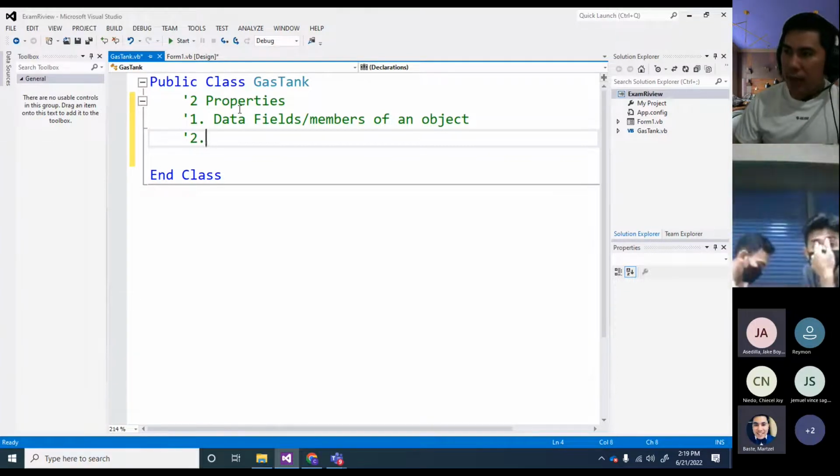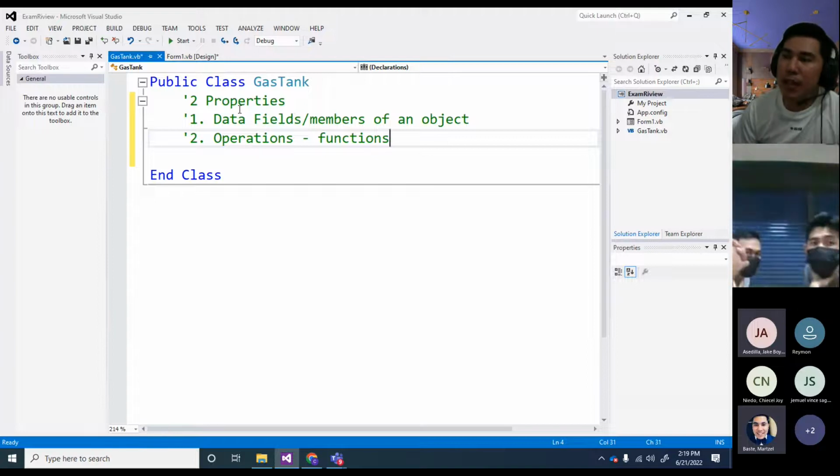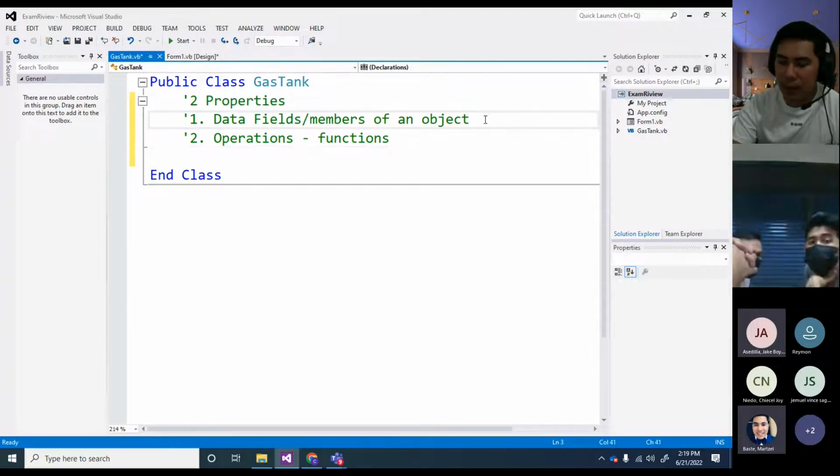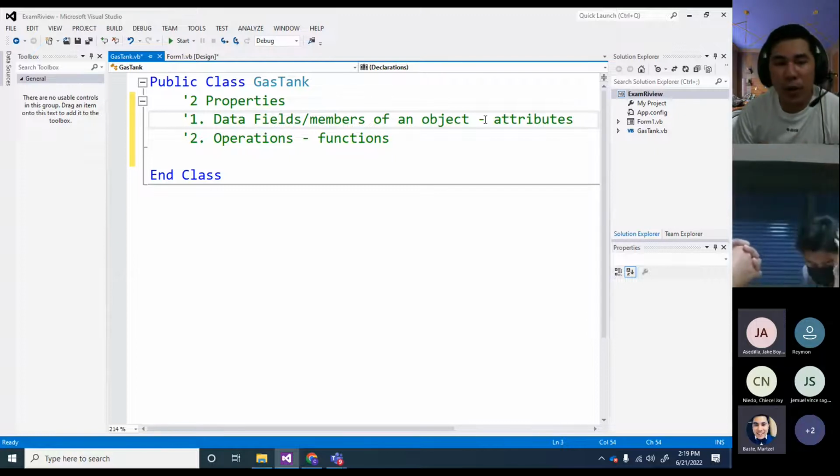Secondly, the operations. Operations most likely are functions in a program, and data fields are your attributes. As we all know, an object can be defined using its attributes and its operations.